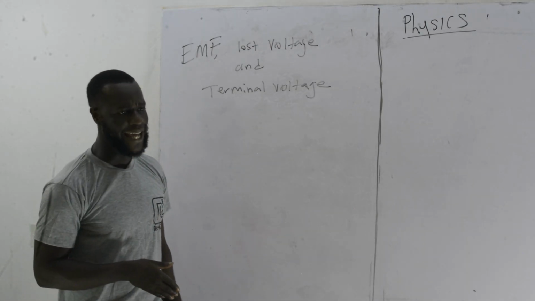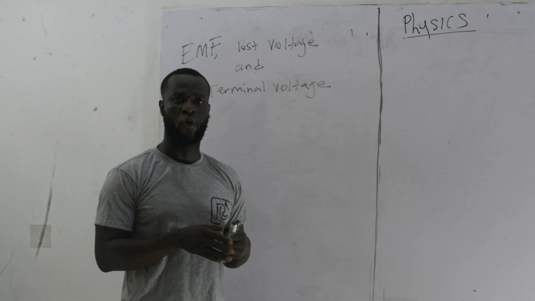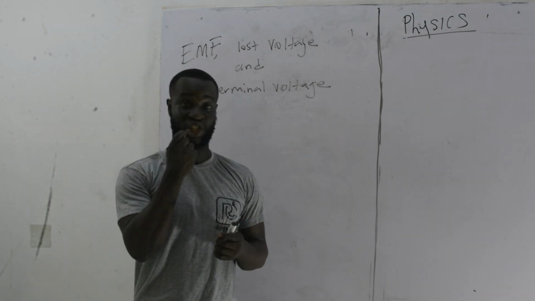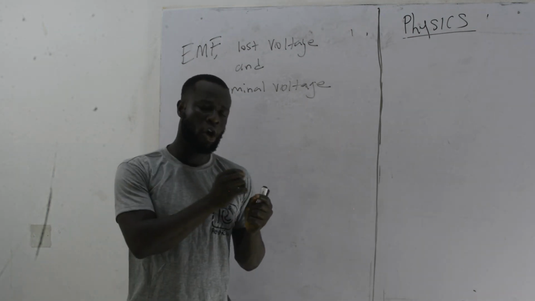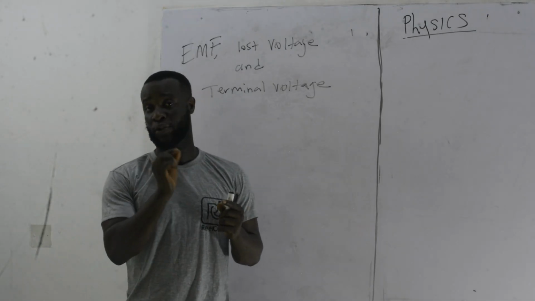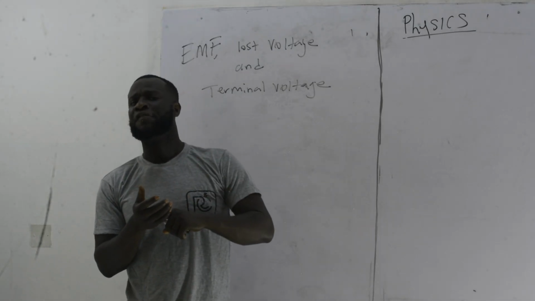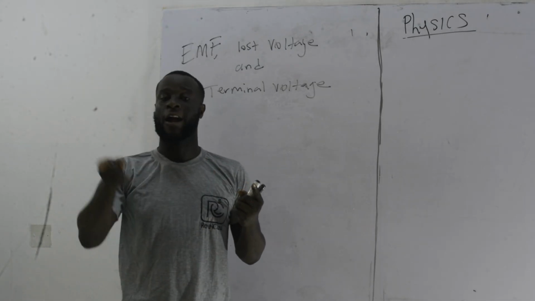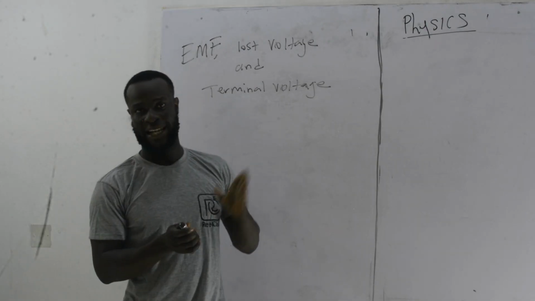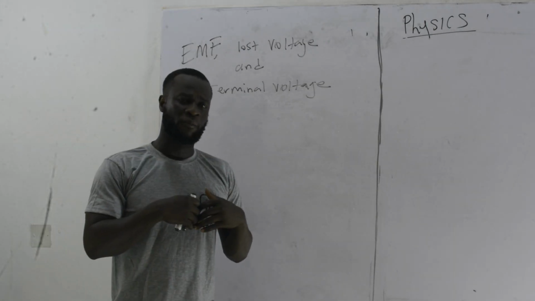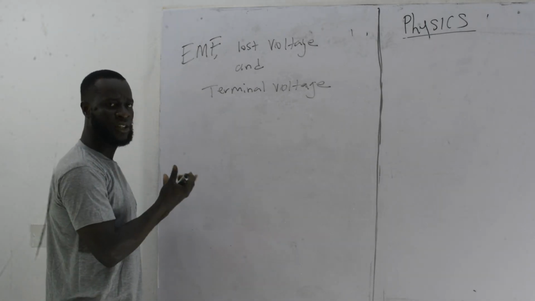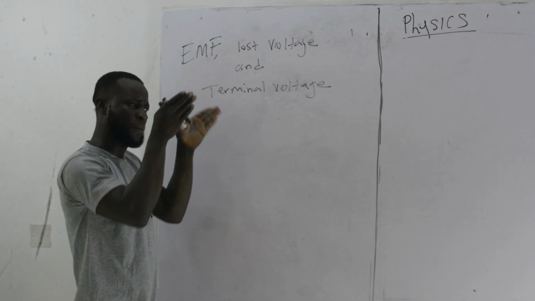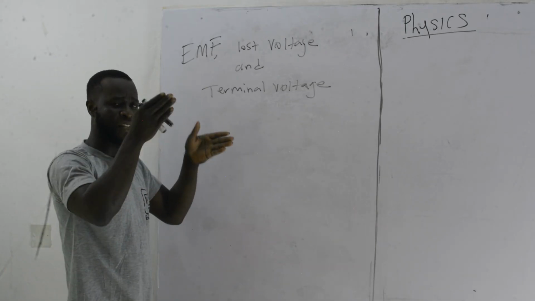We could also say that electromotive force is the total work done per charge, not just work done, but work done per positive charge, in driving a unit positive charge around a complete circuit, and that is electromotive force. So, a cell, when it's not in use, has an EMF, that is the total potential difference across the terminal.